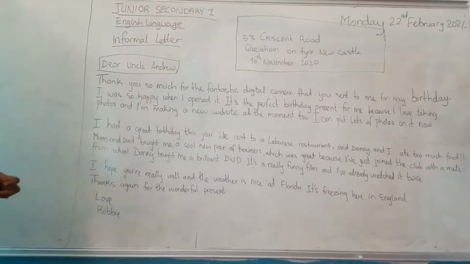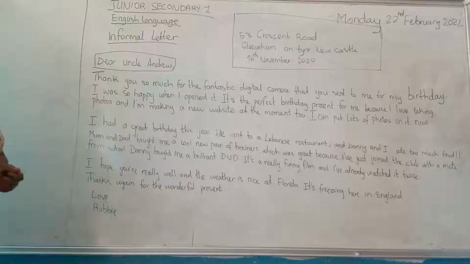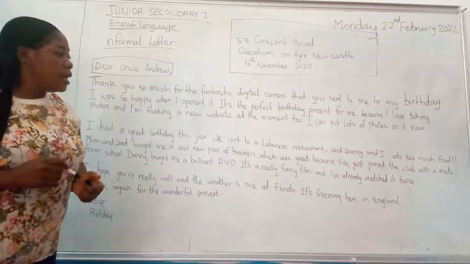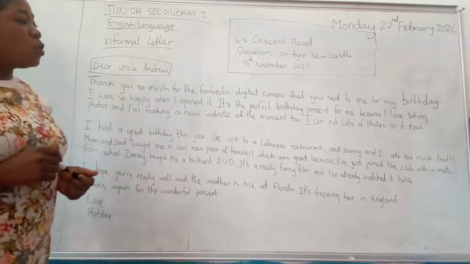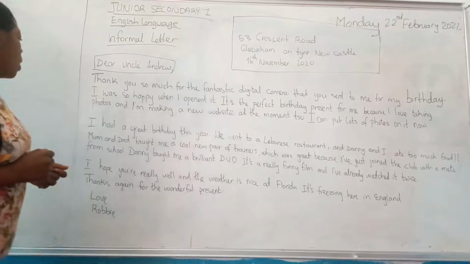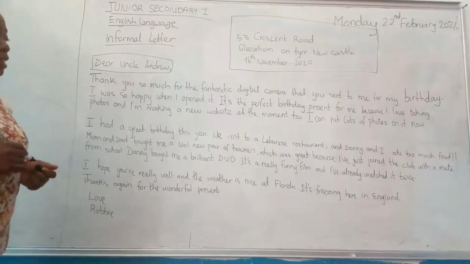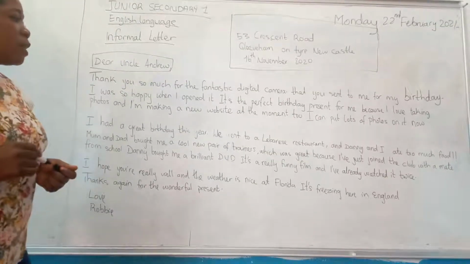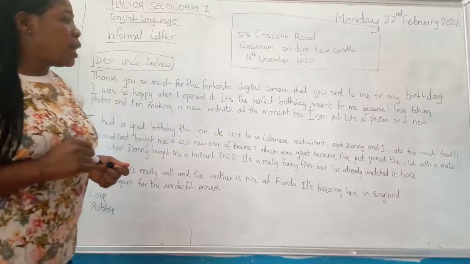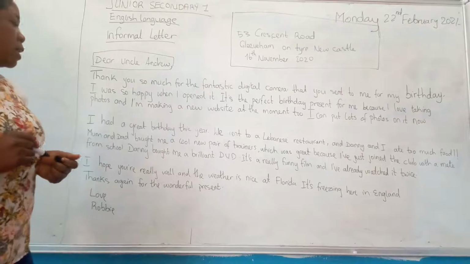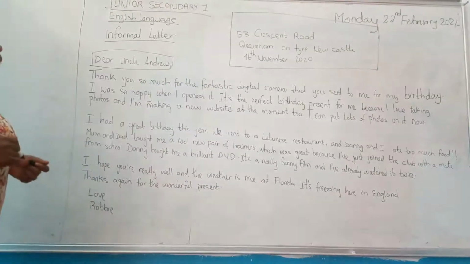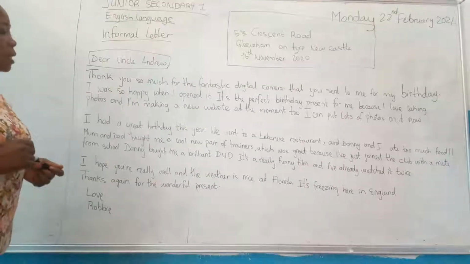I had a great birthday this year. We went to a Lebanese restaurant and Danny and I ate too much food. Mom and Dad bought me a cool new pair of trainers, which was great because I've just joined the club with a mate from school. Danny bought me a brilliant DVD.